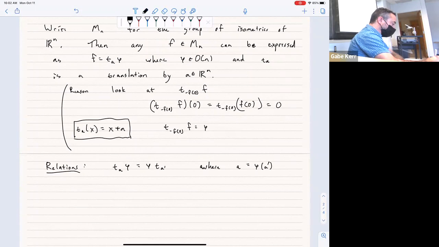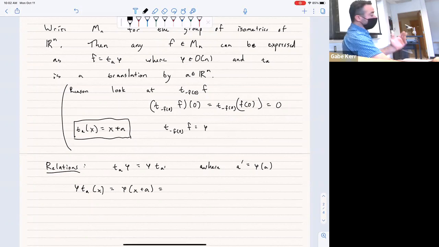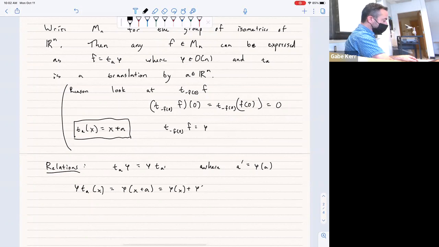Just let's check it to make sure that I got the right order. If I take phi of T, no, I think I had the right order. And okay, phi of TA x, this is equal to phi of x plus A. Now we know phi is linear, so we get phi of x plus phi of A equals.